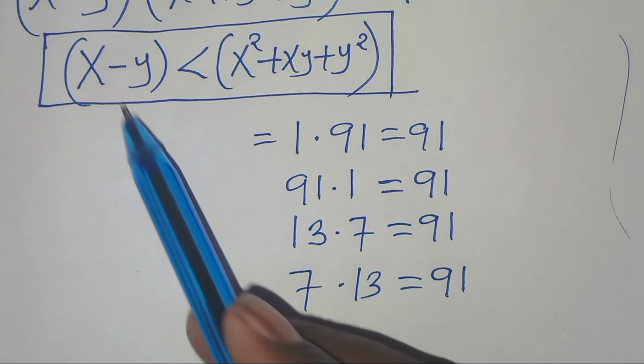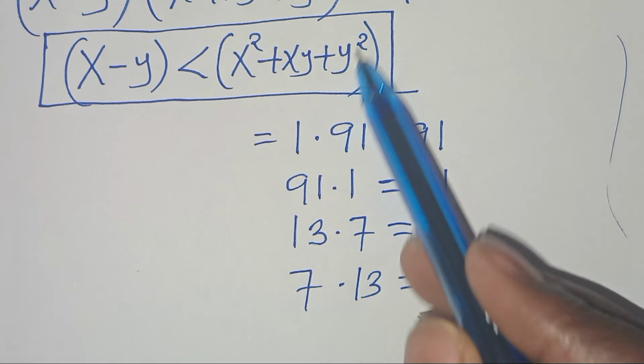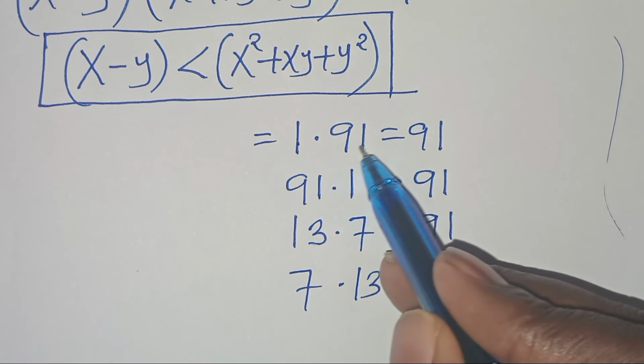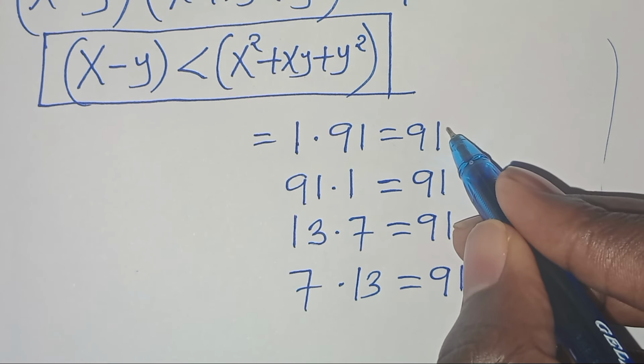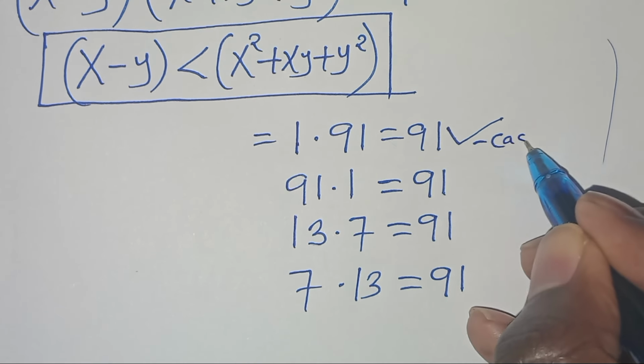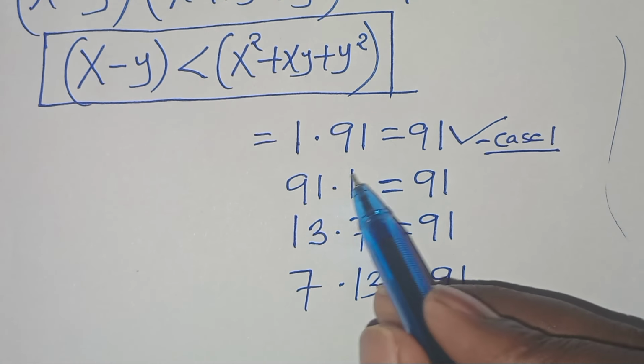But given that x minus y is less than x squared plus xy plus y squared, then this means that 1 is less than 91. So this condition here is satisfied. Let's call this case 1. And then we have 91 is greater than 1.